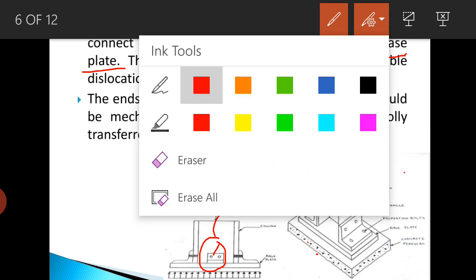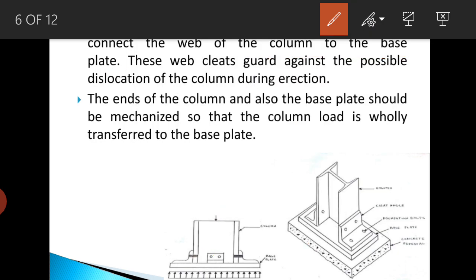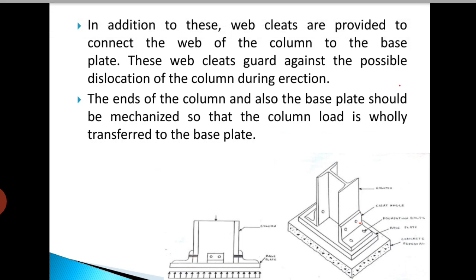Understood? Then, these web cleats guard against the possible dislocation of the column during erection. The next point is that the ends of the column and also the base plate should be machined so that the column load is wholly transferred to the base plate.